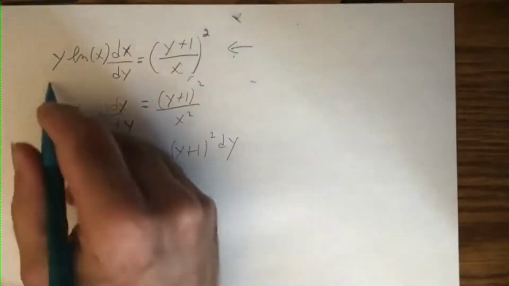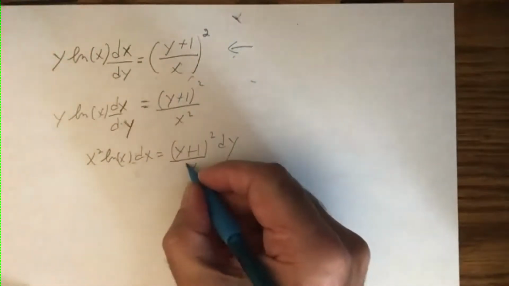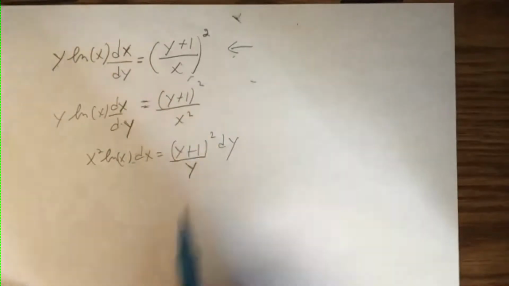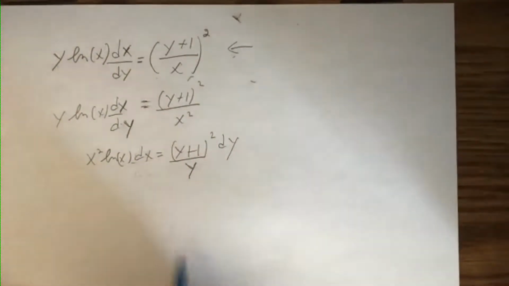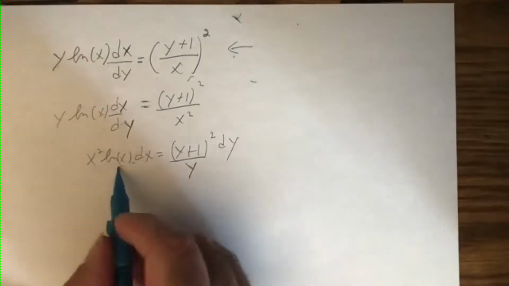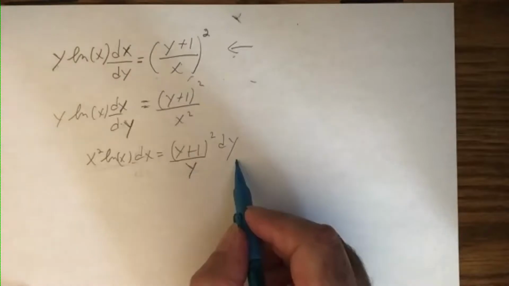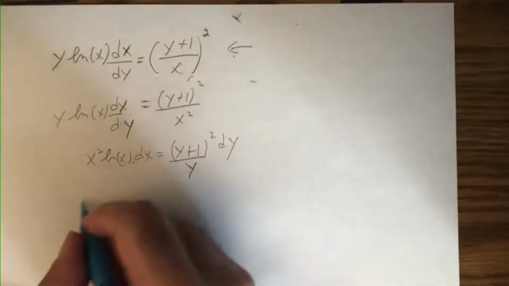Okay, and now the y, I can bring the y down here, right? Does everybody see that? I got this y here, so the y becomes here. So now I separated it, right? I got this is a function of x here, and I got my dx. And this is a function of y here, and I got my dy. So now I could integrate both sides.